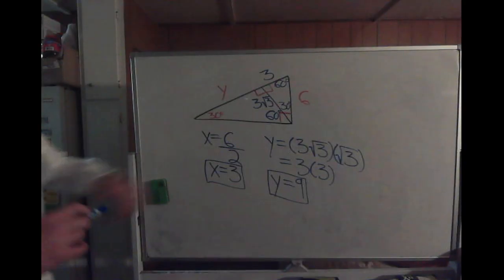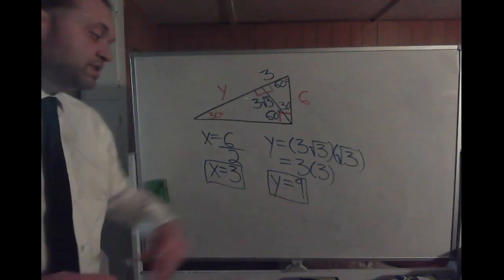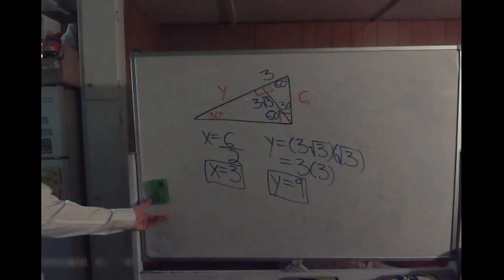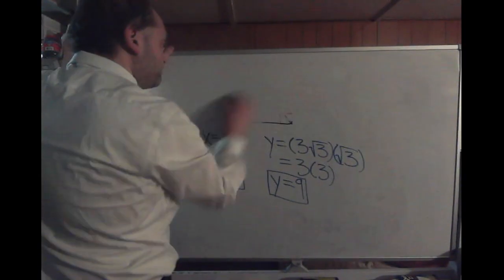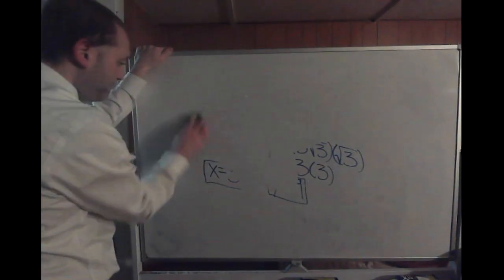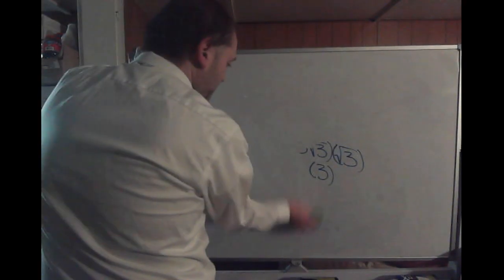So x is equal to 3, y is equal to 9. That's what you would get in the end. And these were both 30, 60, 90 triangles. It's not so much the 45, 45, 90 triangles that get people. It's more of the 30, 60, 90. Those are what get people largely.